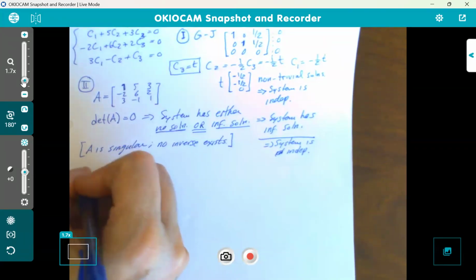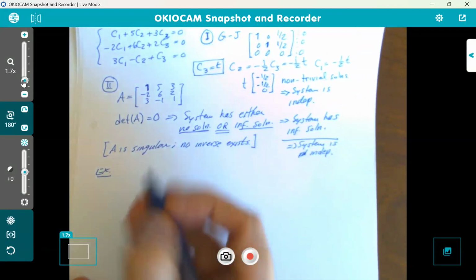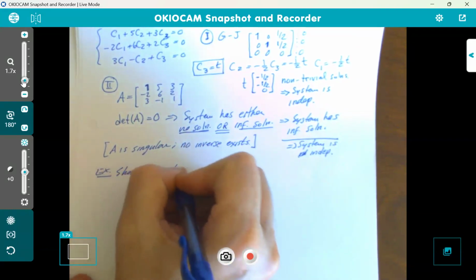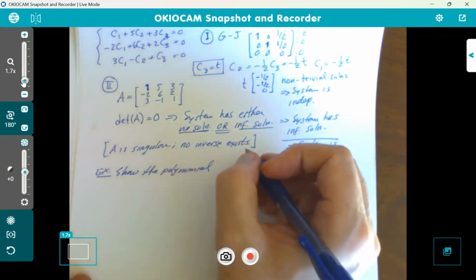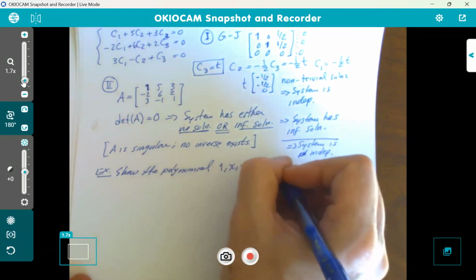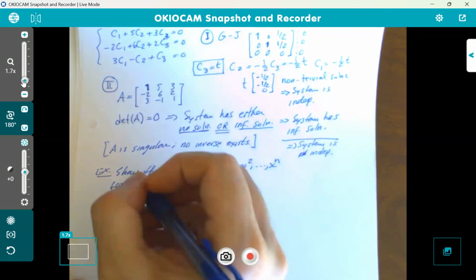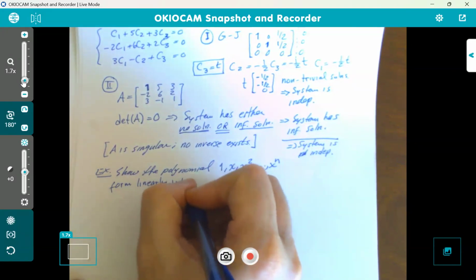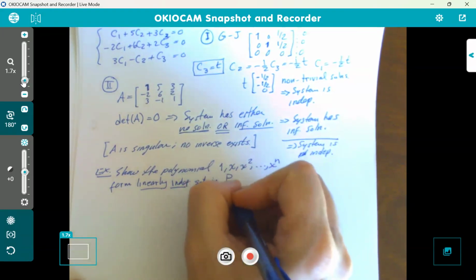This other example we're going to look at. For this example now, let's say we want to show the polynomials in the form 1, x, x squared, up to x to the n form a linearly independent set in Pn.